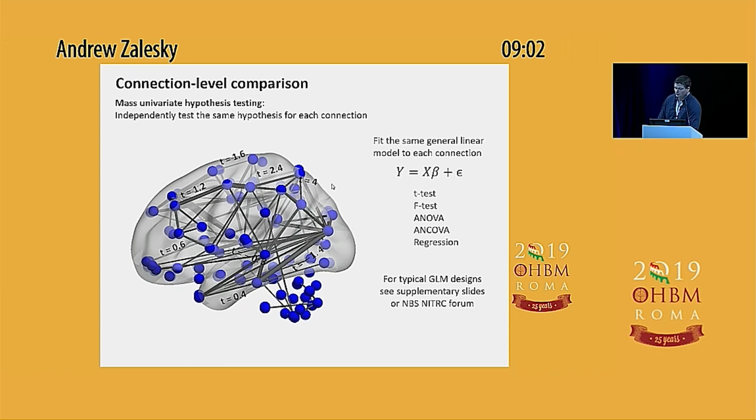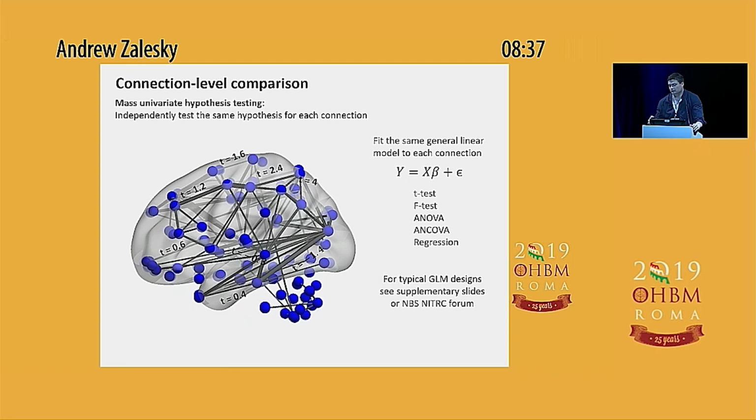This, I guess, is the most challenging area for network statistics. One way to do this is using mass univariate testing. This is where we can fit a general linear model, or any kind of model that we wish, to each edge of our connectome. And so this endows every edge with a test statistic and a p-value, an uncorrected p-value.